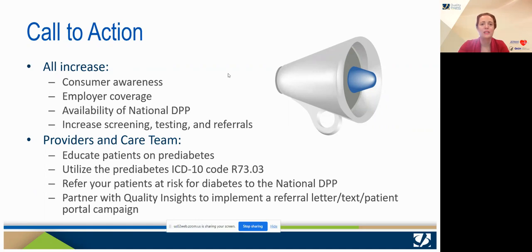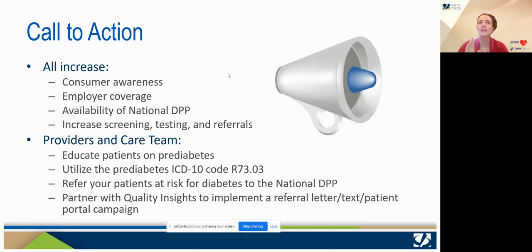The whole purpose of today was to focus on increasing screening, testing, and referrals. For those of you that are providers or part of a care team on this call today, we want to remind you, the prediabetes conversation is very valuable. It really helps to level set what prediabetes is and why it's important to be aware of it.